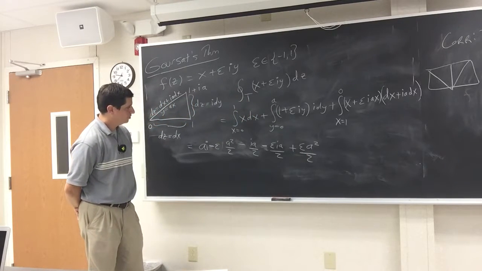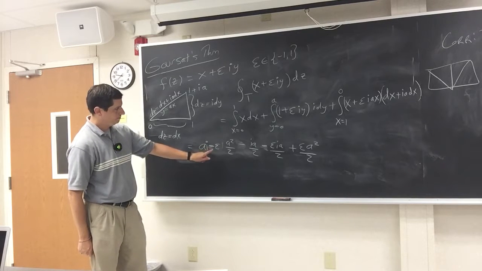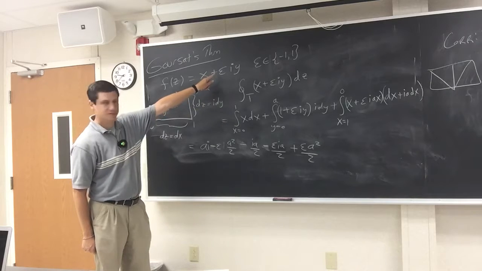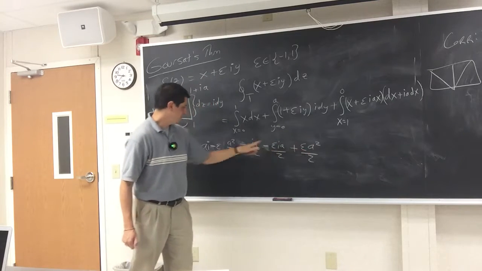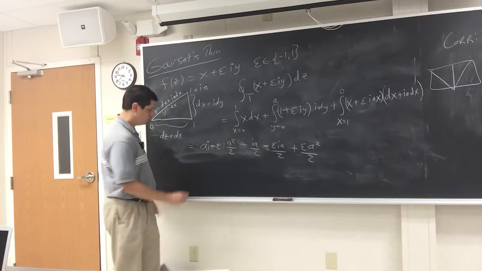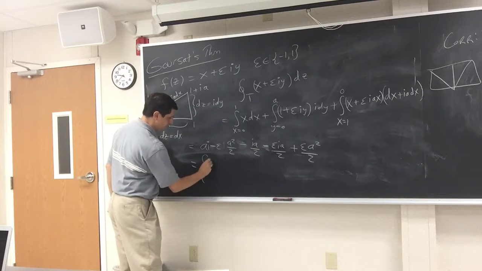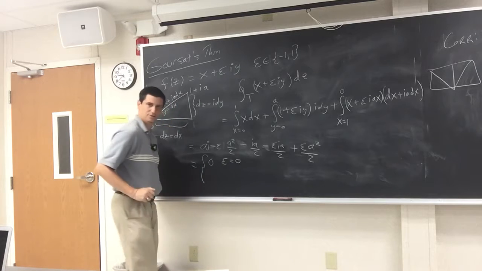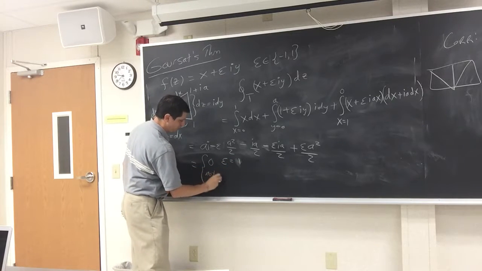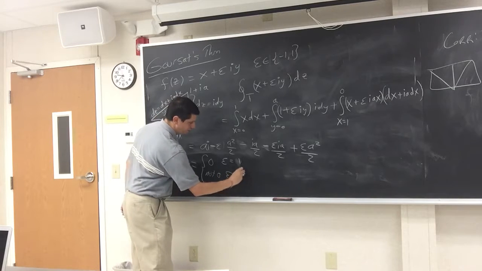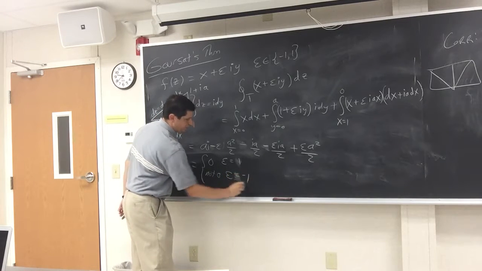Okay, so now let's see what we have. If epsilon equals 1, which is x plus iy, this over here cancels that, and these two cancel over here. So it does equal 0 if epsilon equals 1. And it's not 0 if epsilon equals negative 1.